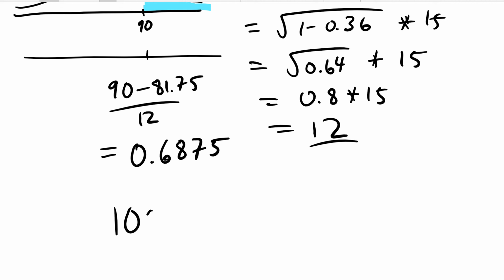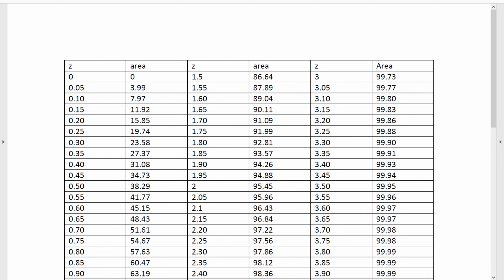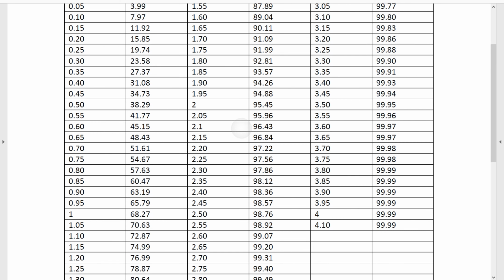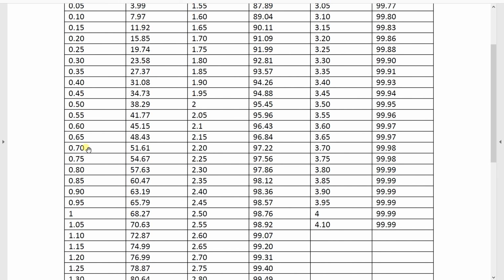So we're going to take 100 minus whatever the area under the normal curve is between negative 0.6875 and 0.6875, and we're going to divide that by 2. So if you go to the normal curve table, we're looking for 0.6875. Well, none of the values here are 0.6875, so we go to the closest one. 0.7 is going to be the closest one, and that's an area of 51.61.